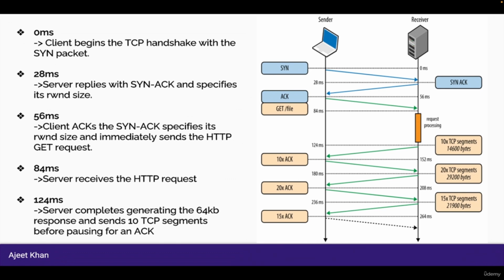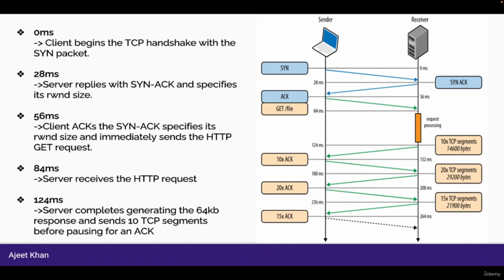This GET request is received by the server at 84 milliseconds. The server takes some time processing, generates a 64 KB response, and sends 10 TCP segments before pausing for an ACK.